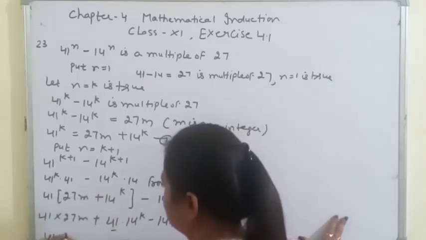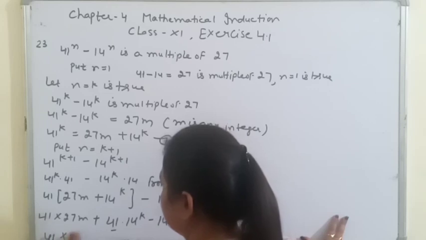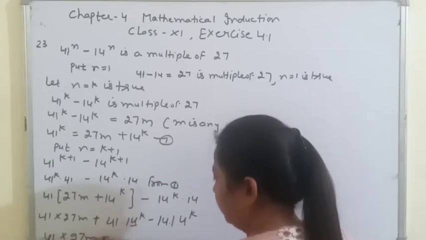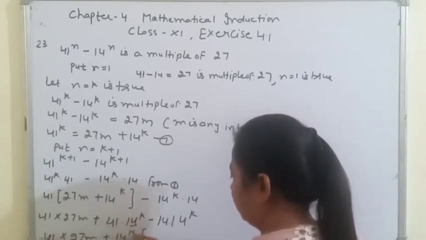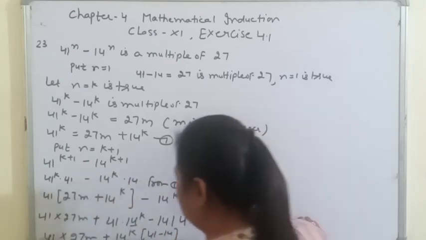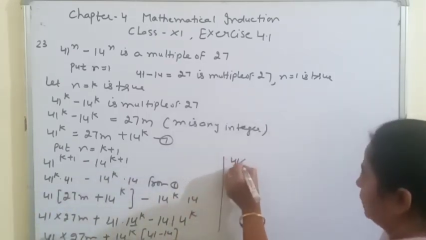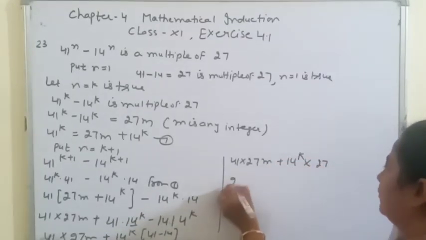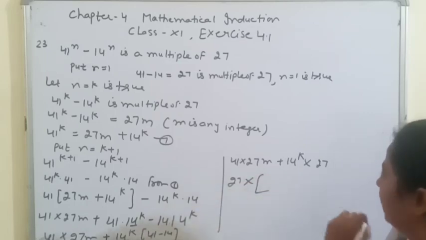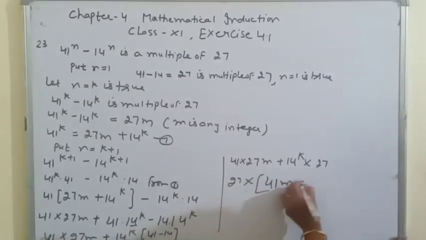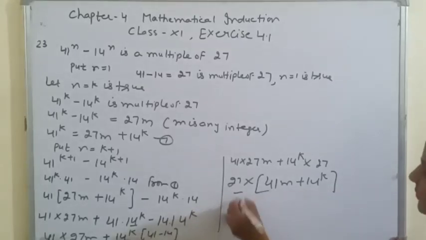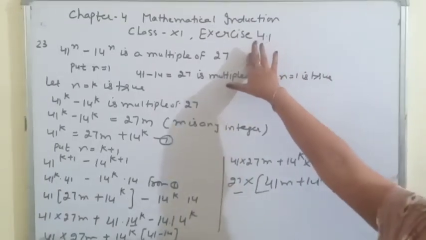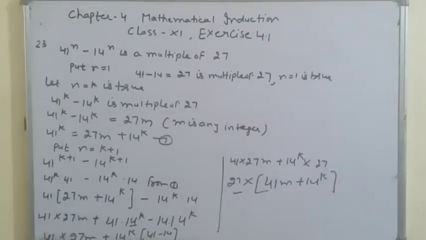Now when we take 14 power k common, what is left with us? 41 minus 14, this is again 27. So 41 into 27m plus 14 power k into 27. So let's see, 27 is a common factor of both terms. So 27 is a multiple of this statement, and 27 divides the whole statement. This is the result for the 23rd.